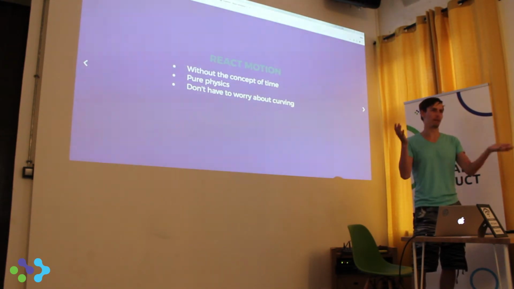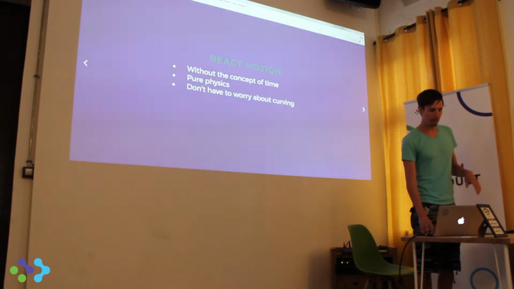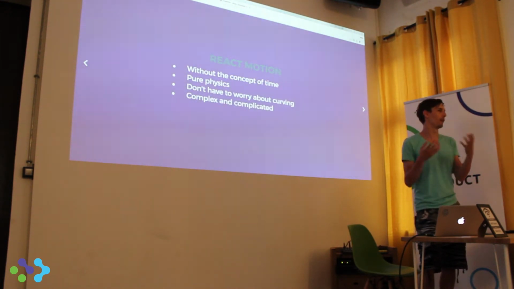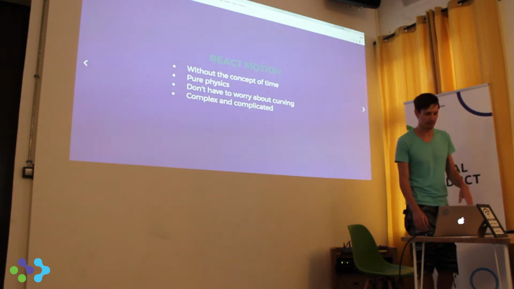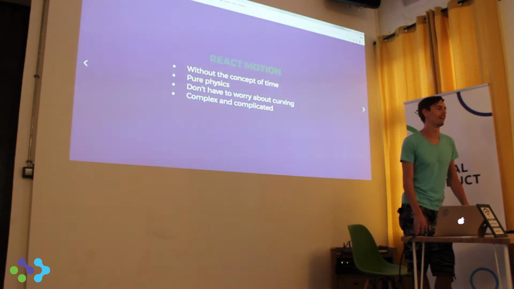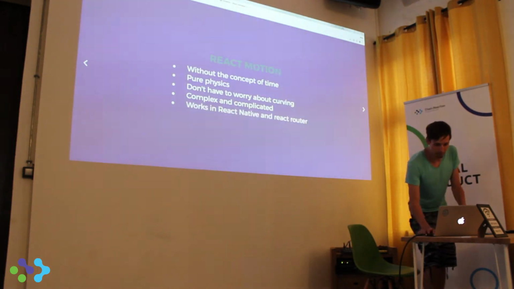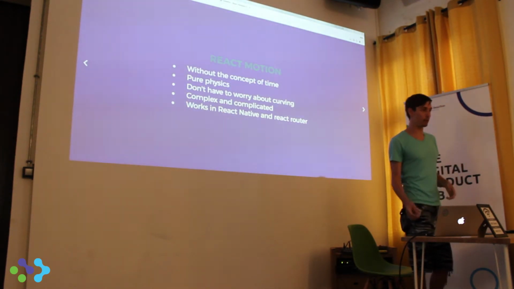You don't have to worry about curving either, so basically everything will be calculated by it. And it's really complex and complicated. Because of these things, you actually have to understand the physics, and that's probably not that good either. But it works well with React Native and with the React router.